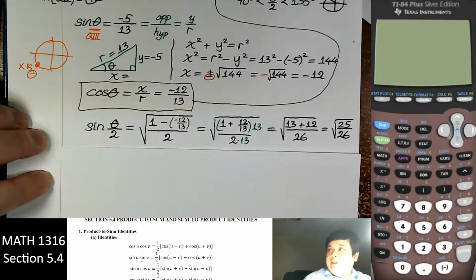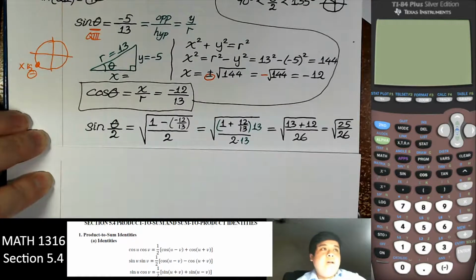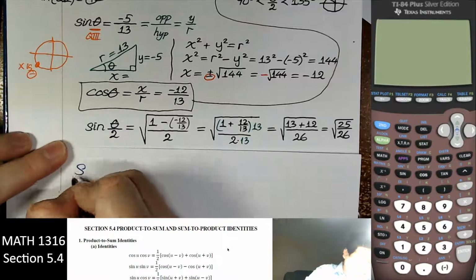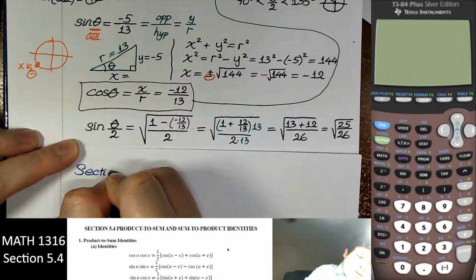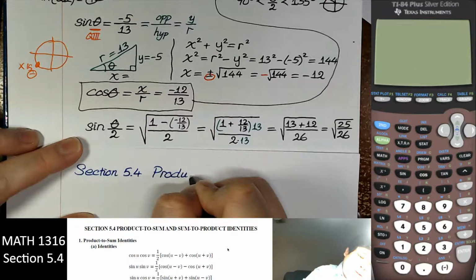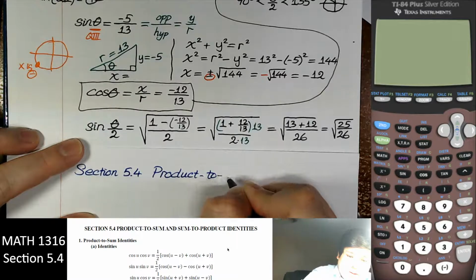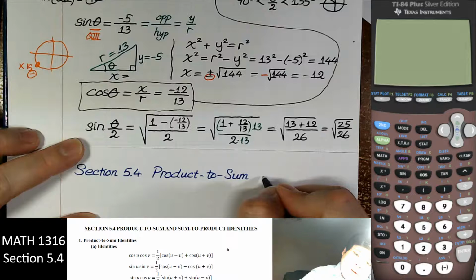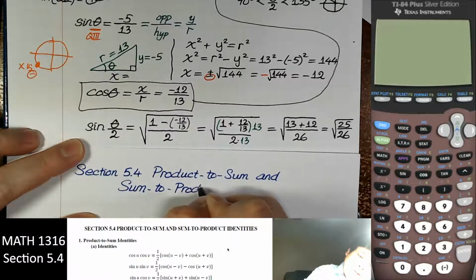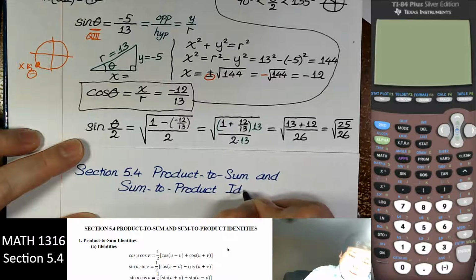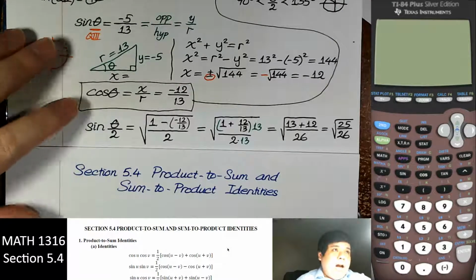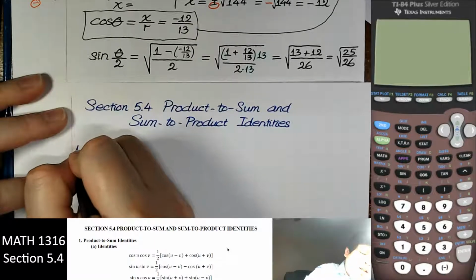Right, section 5.4. Product to sum and sum to product identities. So pretty much there are two sets of formulas.